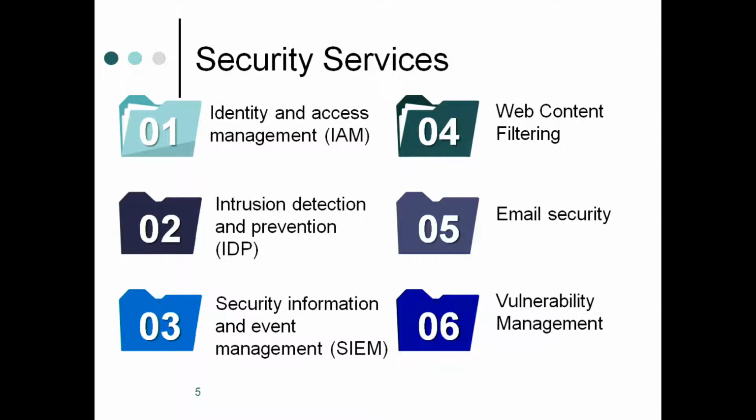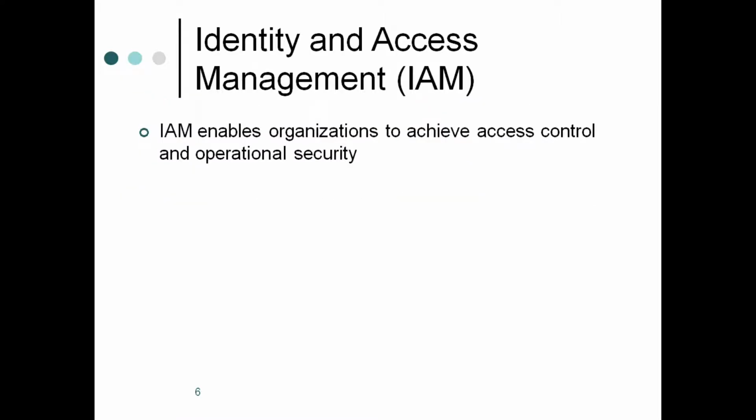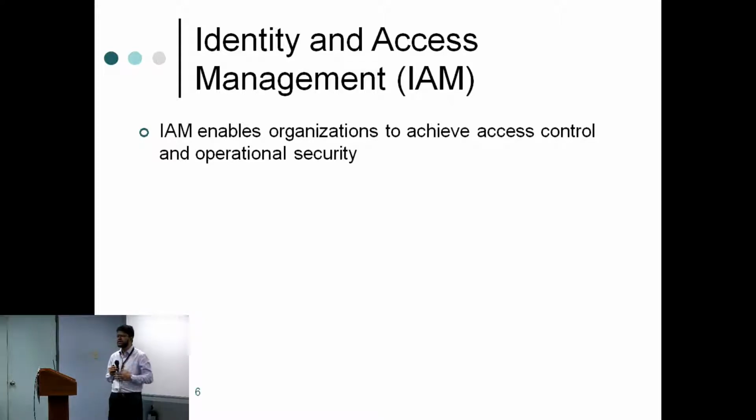If you look at a little more detail at what these security services are supposed to do: IAM, or Identity and Access Management, enables an organization to control the access of different users or stakeholders.